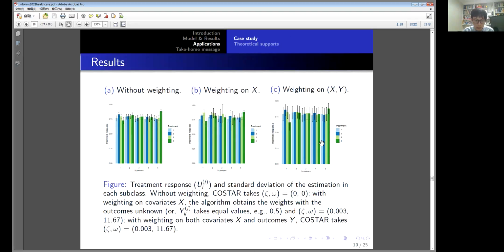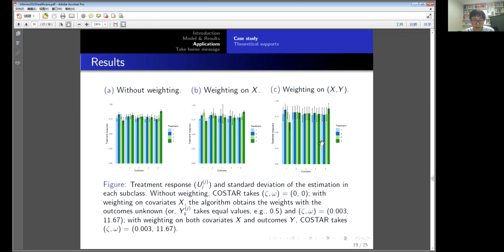This figure shows the results of treatment response and the standard deviation of the estimation in each subclass. The subfigure A shows the results without weighting. B shows the results weighting on X, and C shows the results weighting on X and Y. Without weighting, the method COSTAR takes the parameters as 0.